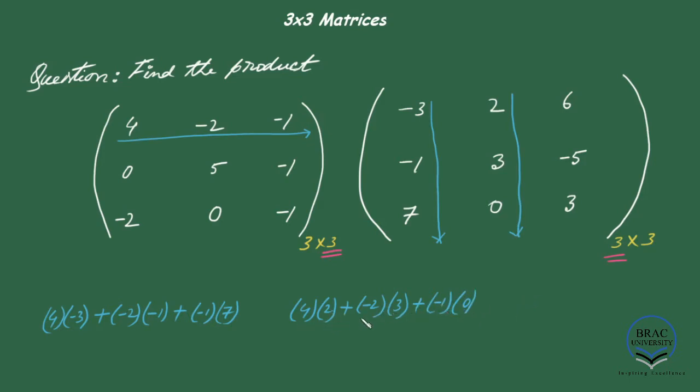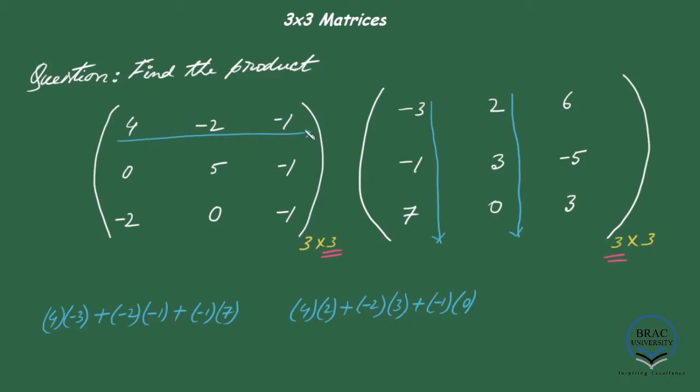Each of them will be multiplied, and then we add all of them up, and that will produce the second entry of the first row of this new matrix, which is the resultant matrix of the multiplication of these two matrices, something we are going to construct in a few minutes.